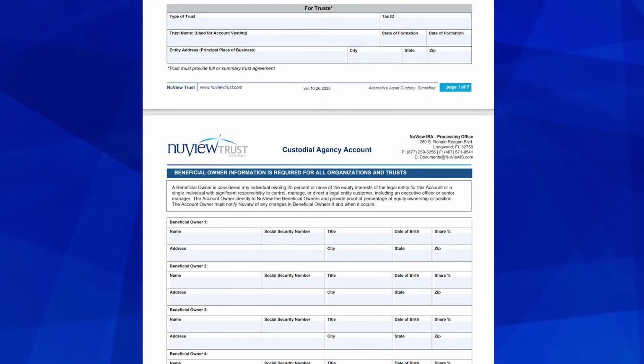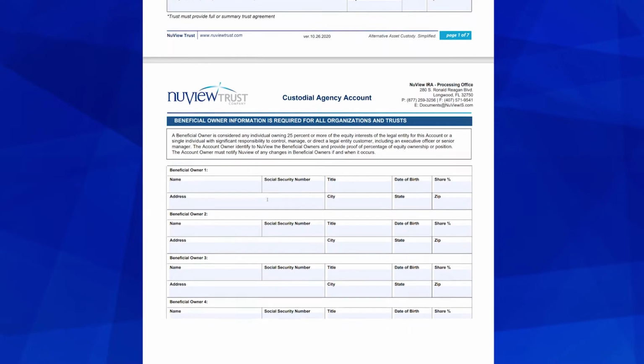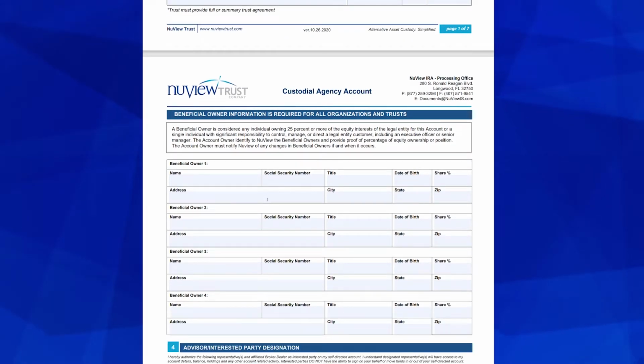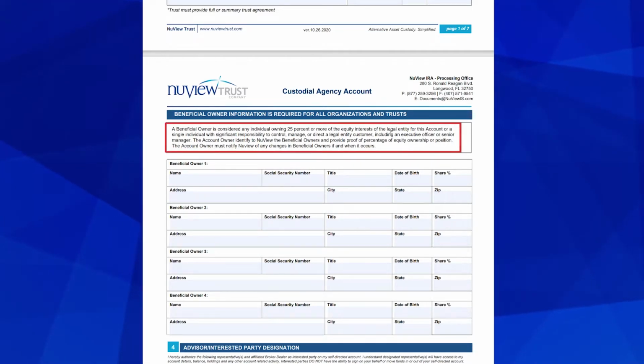Moving on to the beneficial owner information as required for all organizations and trusts. Here's the beneficiary section, similar to an IRA application. If there are intended beneficiaries for this account, this is where you're listing them. Beneficial owners are considered any individual owning 25% or more of the equity interests of the legal entity for this account, or a single individual with significant responsibility to control, manage, or direct a legal entity customer, including an executive officer or senior manager.